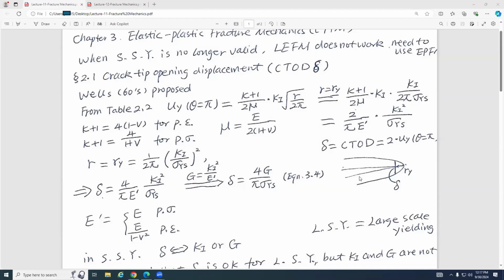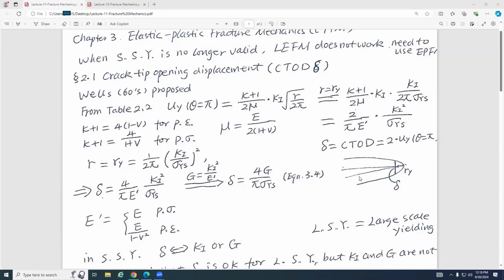Questions so far? No question. We know E prime is the effective Young's modulus, and based on whether it is plane stress or plane strain, we have a different effective Young's modulus.